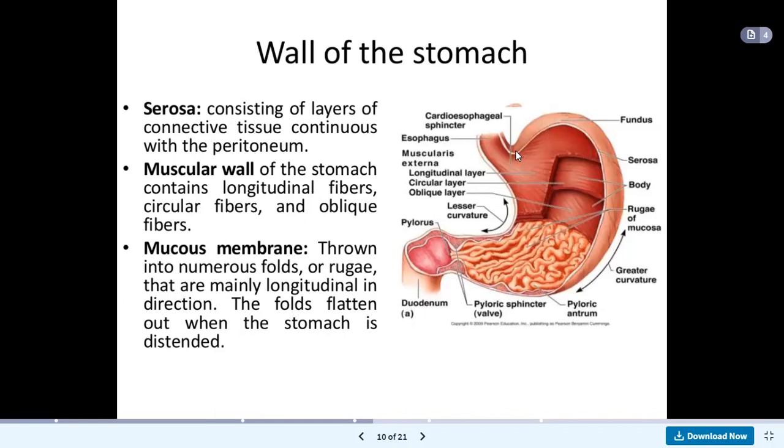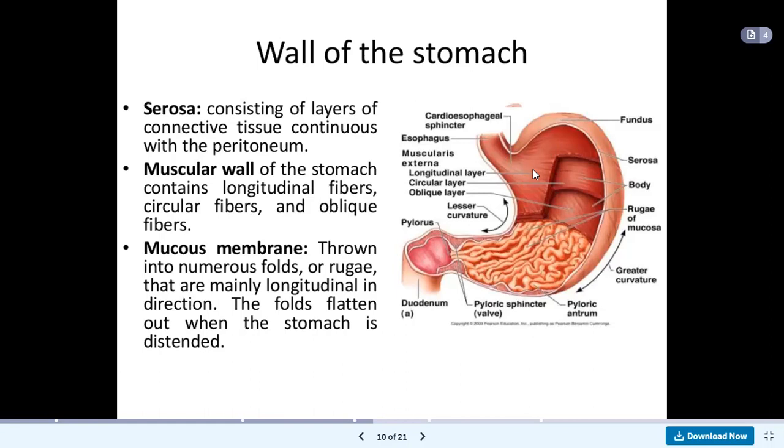So this is just talking about the outer covering, which is the serosa, this one you see here. This is the outermost covering. It is called the serosa. And then you have the muscular wall of the stomach, which contains longitudinal fibers, circular fibers, and oblique fibers.